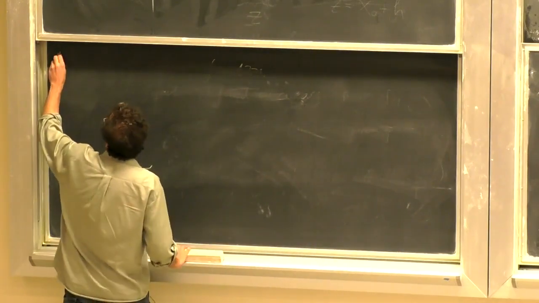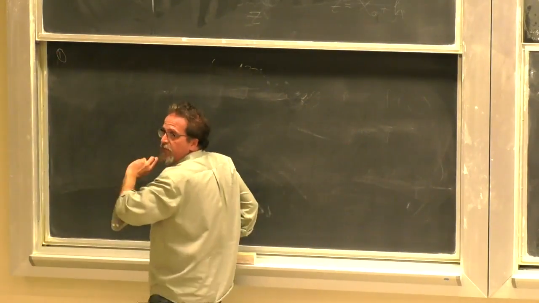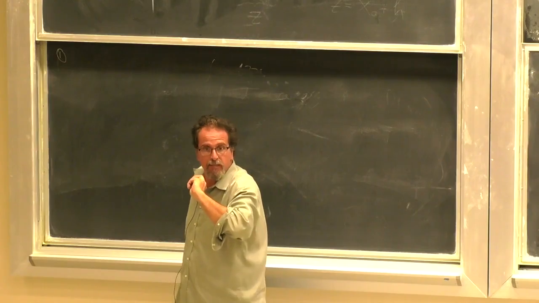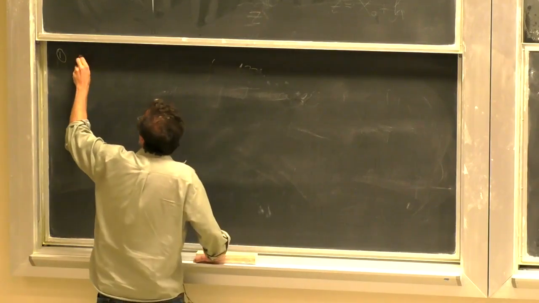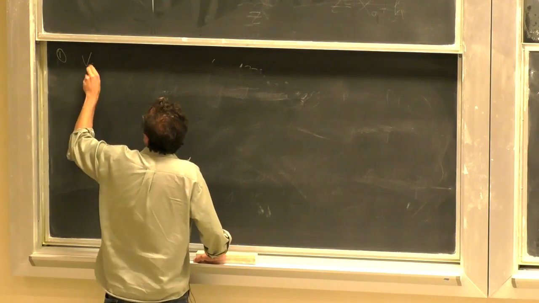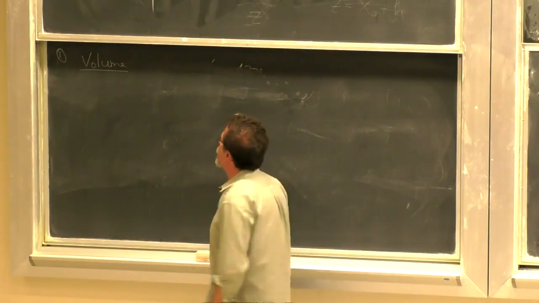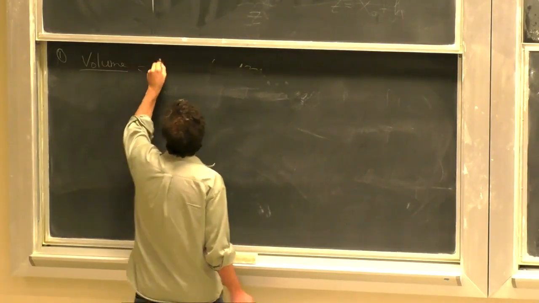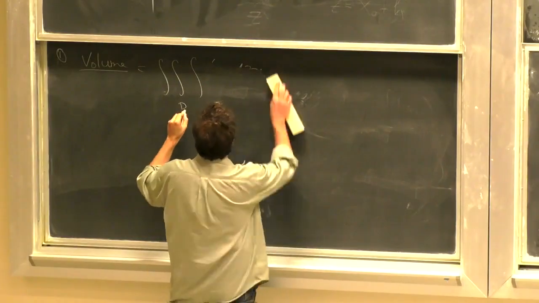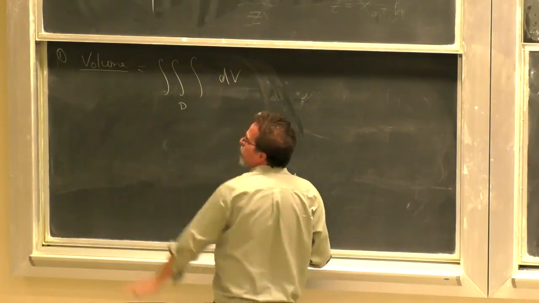So first, let's calculate the denominators. The denominator of the first thing I need to calculate is the volume of this ship. So the volume is equal to the triple integral over the domain of dV. That's all it is.